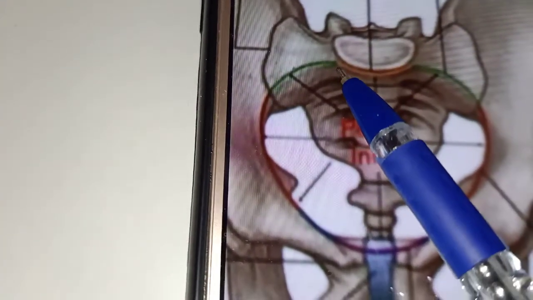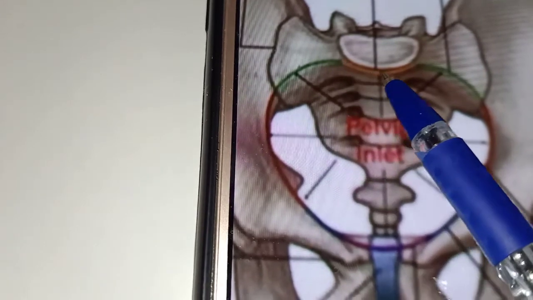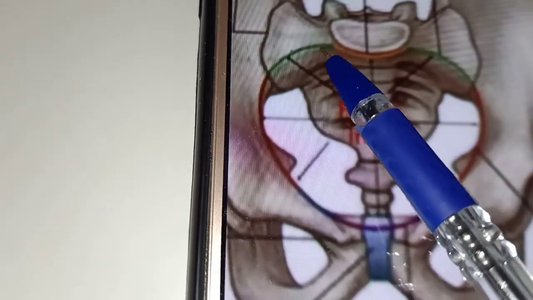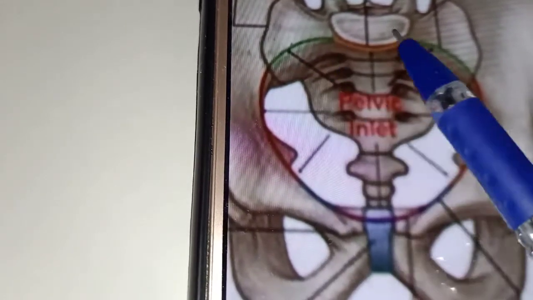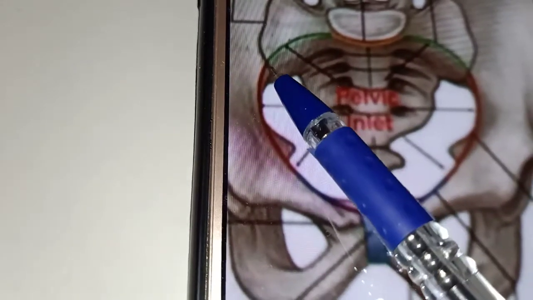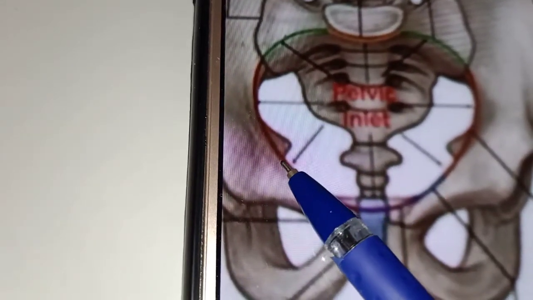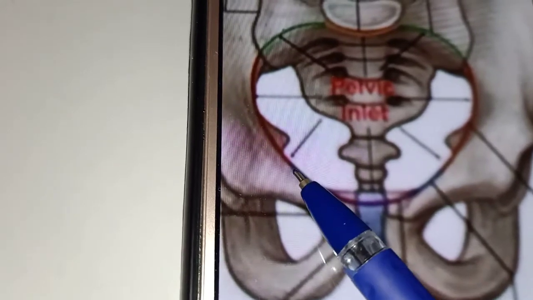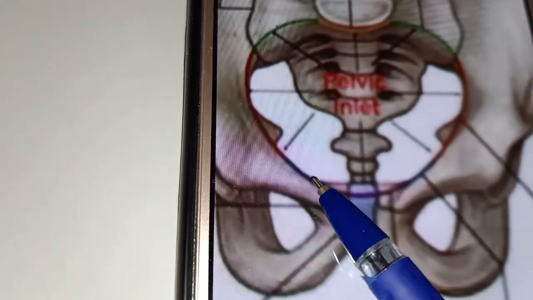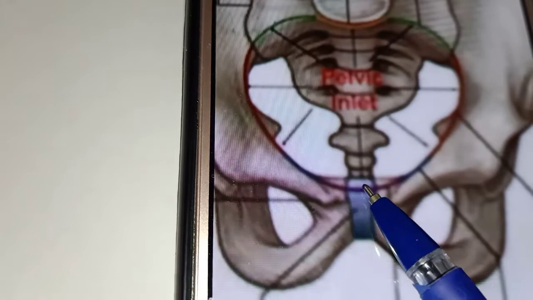So what is the boundary? The margins of the sacral promontory, then the margins of the ala of the sacrum, then the arcuate line up to the ischial spines, then the pectineal line or pecten pubis, and then the pubic crest.